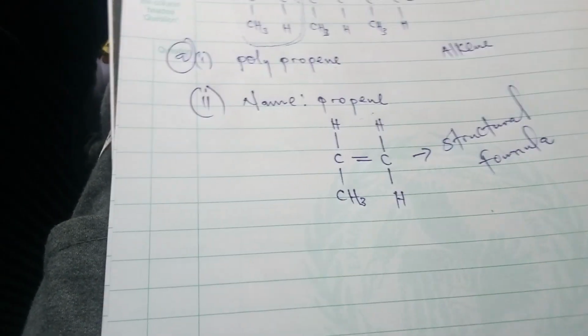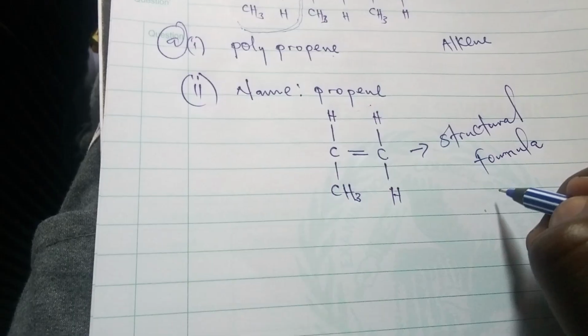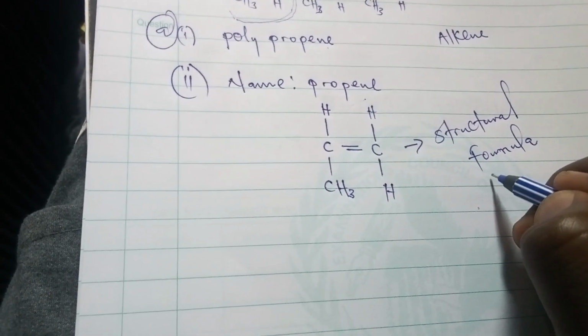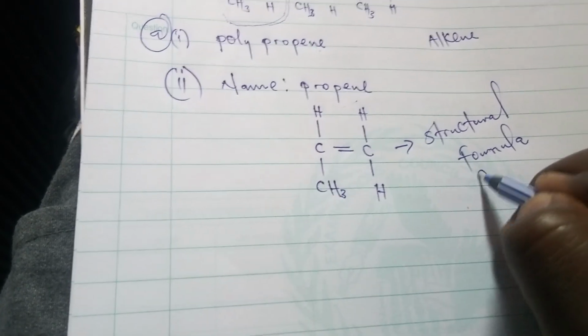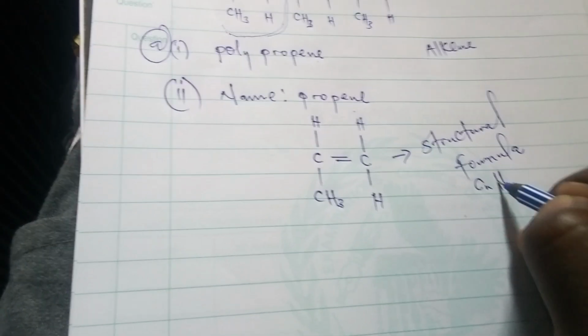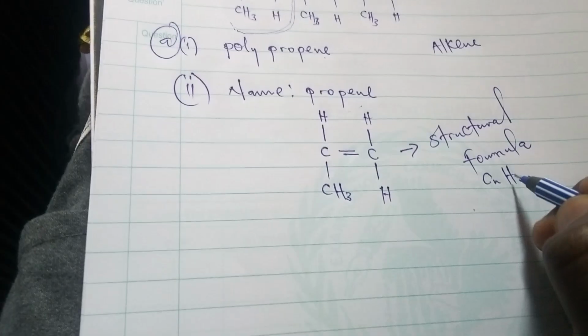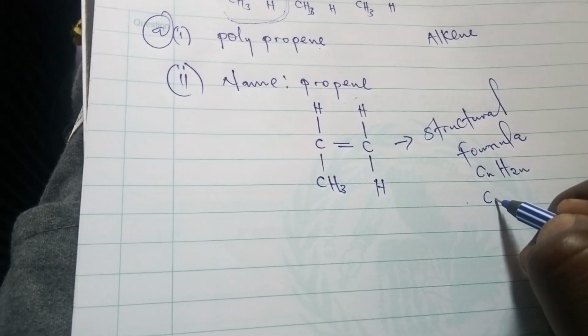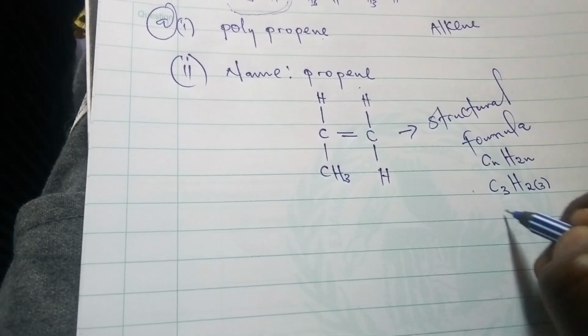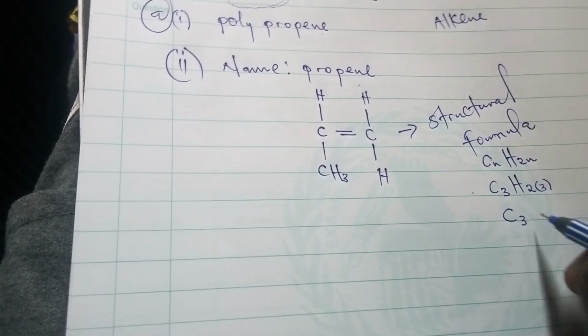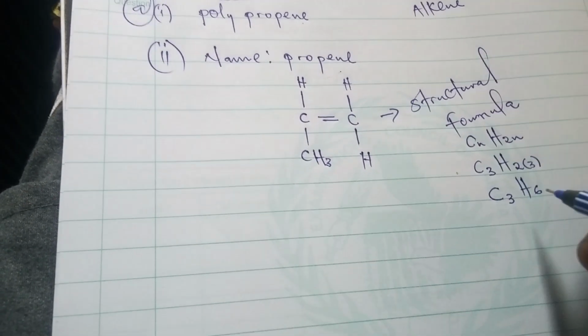Bear in mind that whenever you try to prove the molecular formula, it is CnH2n. Prop means 3. So if you put 3 there, 2 times 3, you obtain C3H6.